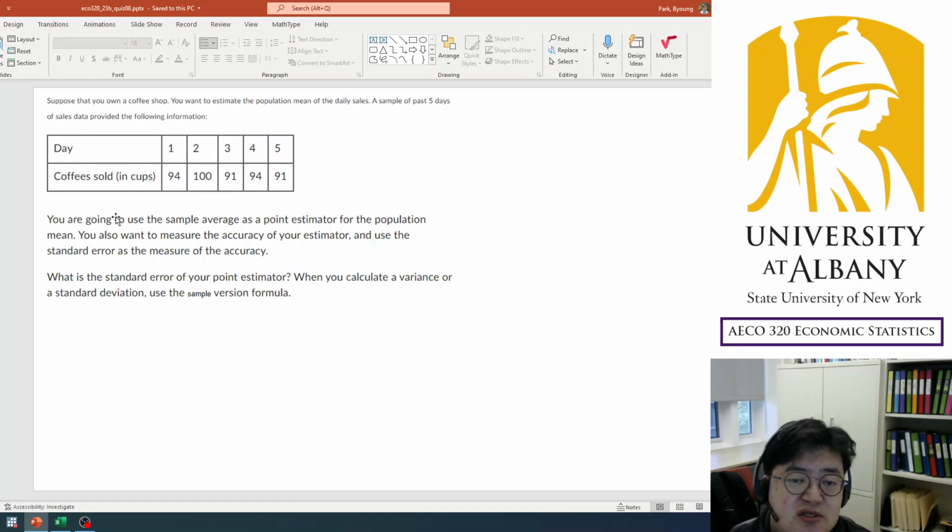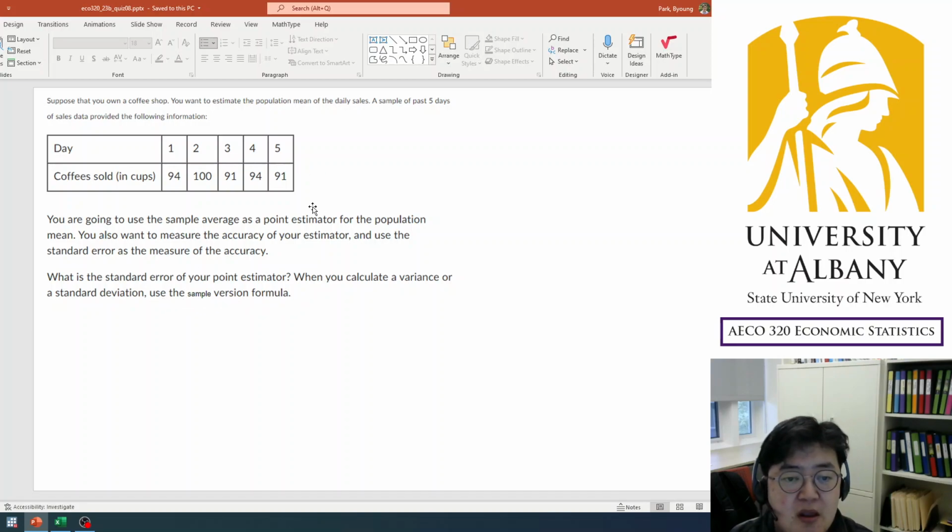You are going to use the sample average as a point estimator for the population mean. You also want to measure the accuracy of your estimator and use the standard error as the measure of accuracy, which is common. What is the standard error of your point estimator? When you calculate a variance or a standard deviation, use the sample version formula.